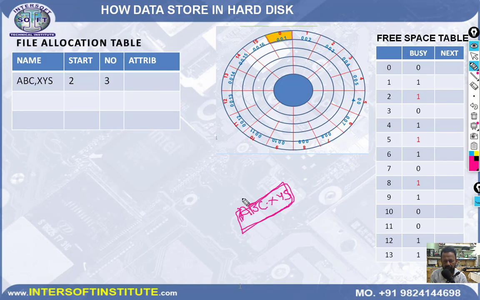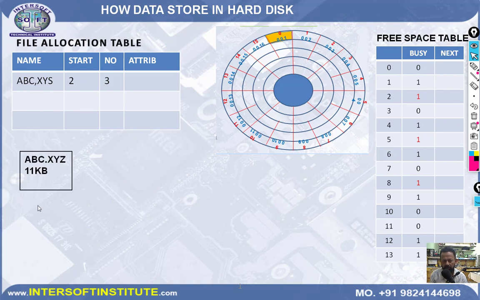We create one file which has 3 blocks. What the difference is, we will explain in a minute. So we are creating one file abc.xyz, which has a size of 11 KB.